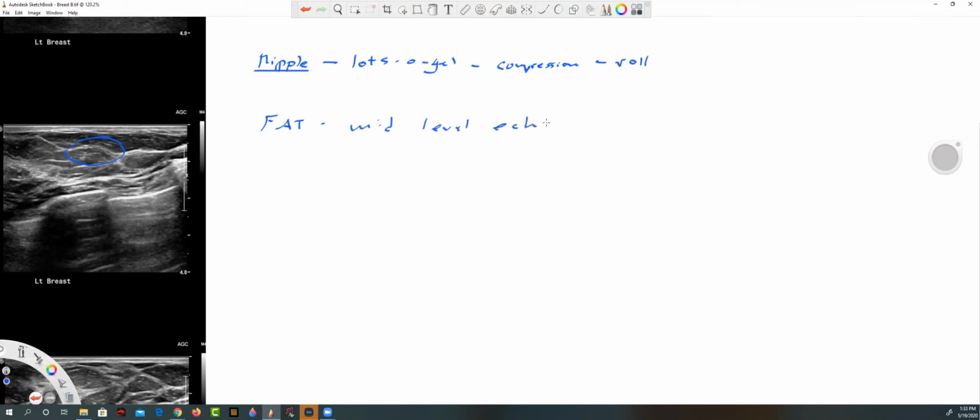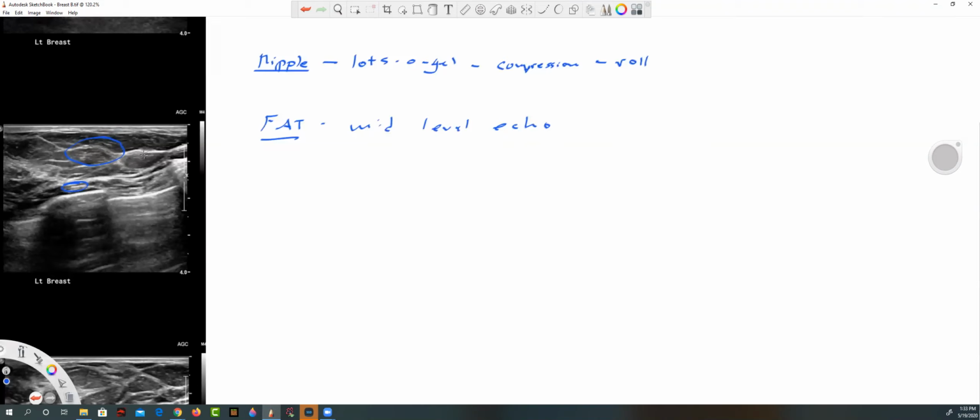Mid-level echo. Little unusual for fat. Fat's usually a higher level echo, but it's mid-level. In other words, it's kind of the same echogenicity as well. The muscle, not all that different. So that's what to be expected.